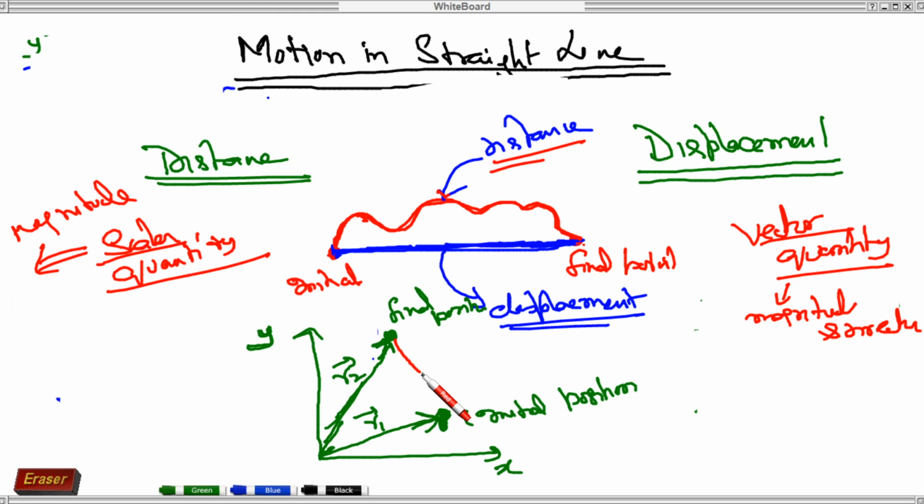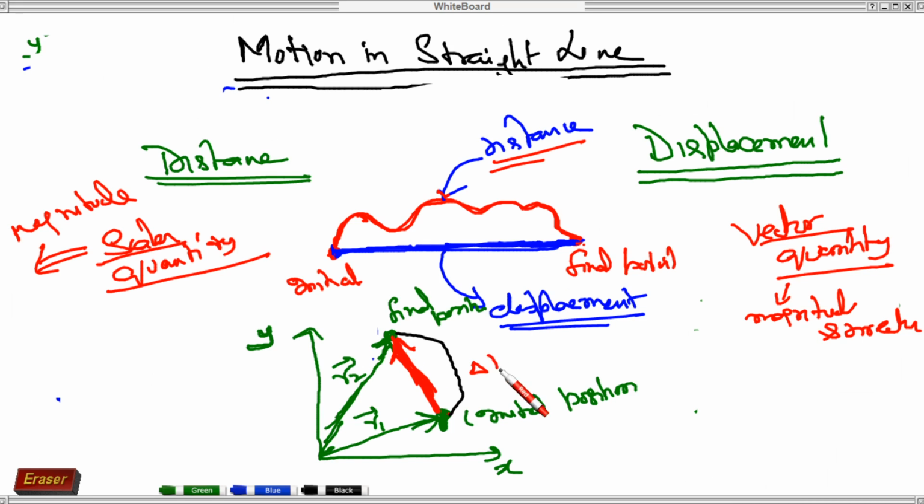Suppose this is the path it traveled, it moved like this and reached here. So what will be the displacement here? Displacement will be this one. So in vector form, what would be the displacement?